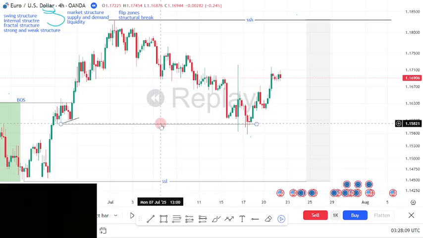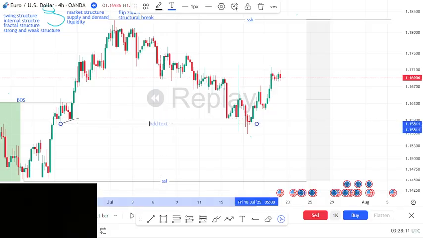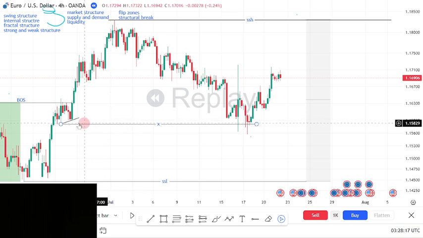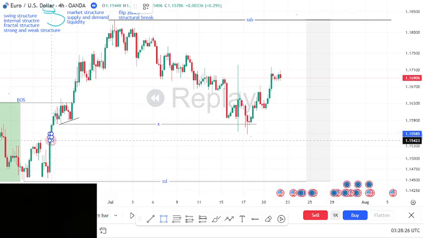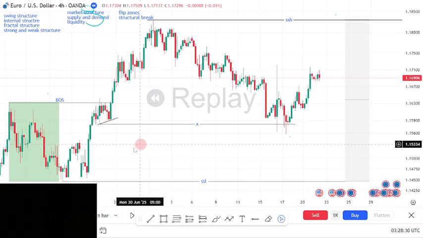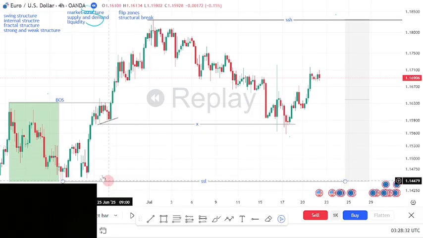Now this liquidity has been swept, so it's been used as fuel. So when this happens, I'll draw this on my chart. So how am I identifying this range? You can see that here was a supply range.